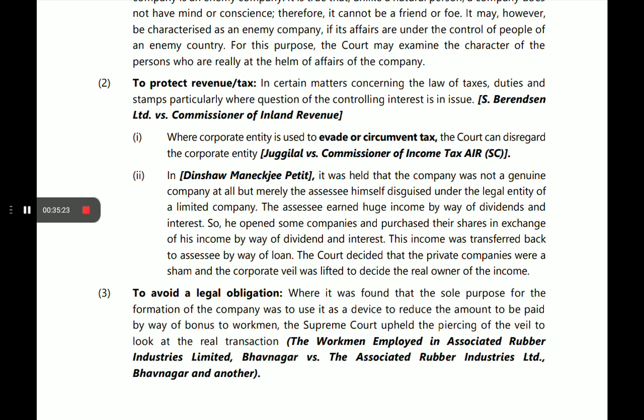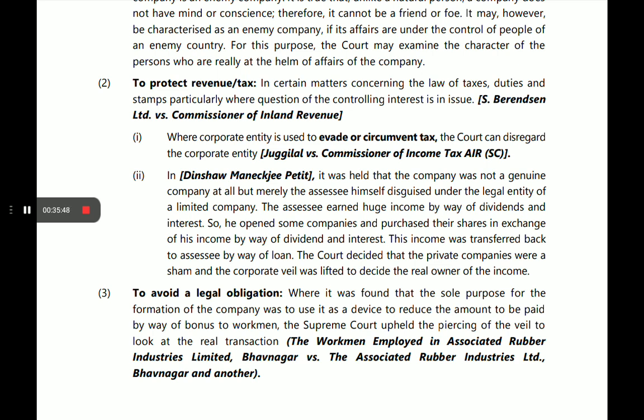The SEC earned huge income by way of dividends and interest. So he opened some companies and purchased their shares in exchange for his income by way of dividend and interest.